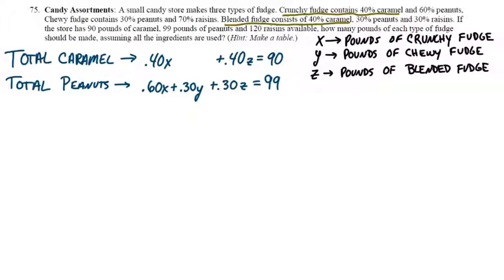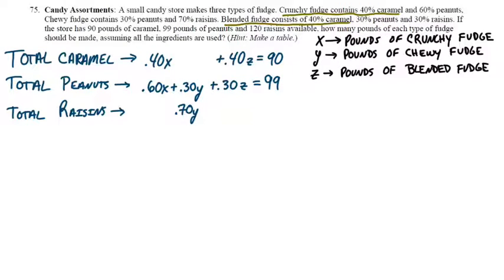And one more equation, of course, is going to be for the total raisins. And there are no raisins in the first type, in the X, right? The crunchy fudge doesn't have any raisins. But the Y, the chewy fudge, it says 70% raisins for the chewy fudge right there.